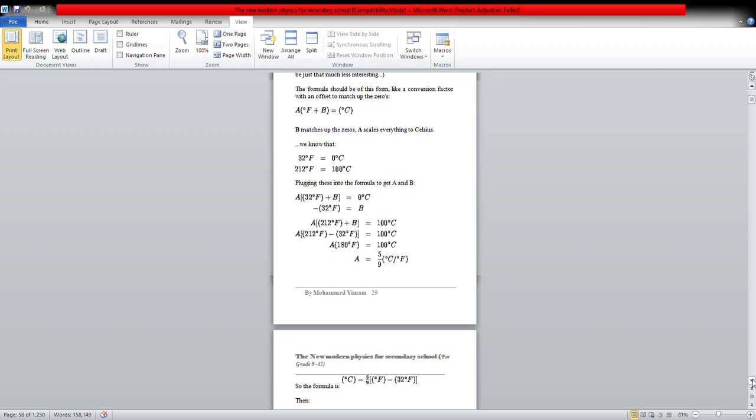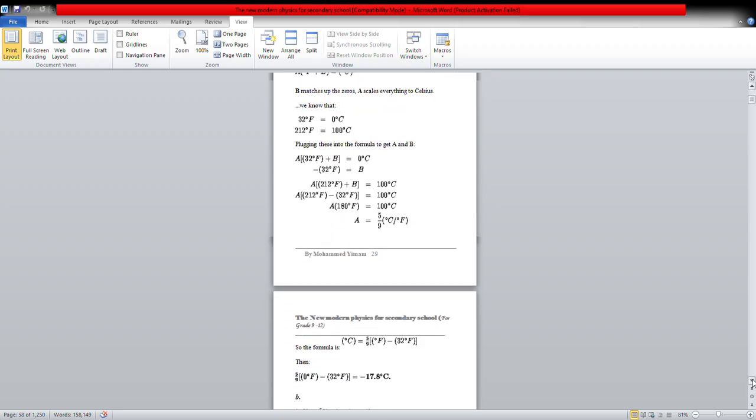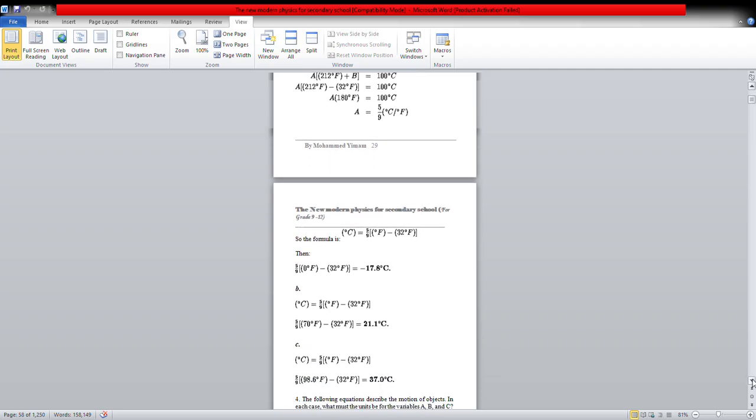A times 212 degrees Fahrenheit minus 32 degrees Fahrenheit is equal to 100 degrees Celsius. A times 180 degrees Fahrenheit is equal to 100 degrees Celsius. A is equal to 5 over 9 degrees Celsius per degree Fahrenheit. So the formula is degrees Celsius is equal to 5 over 9 times degrees Fahrenheit minus 32 degrees Fahrenheit.